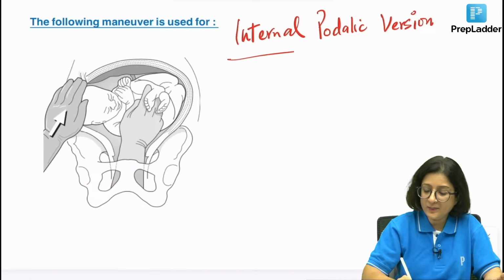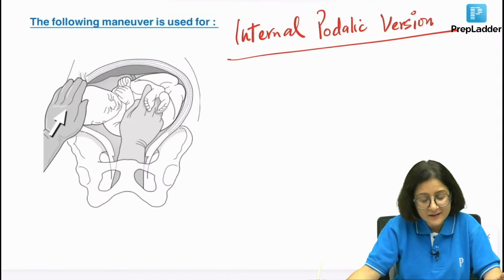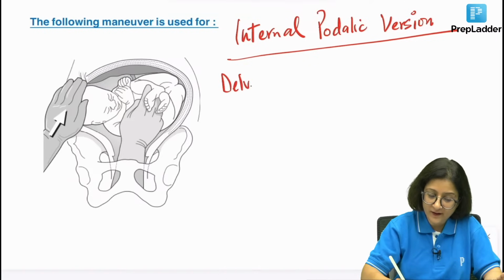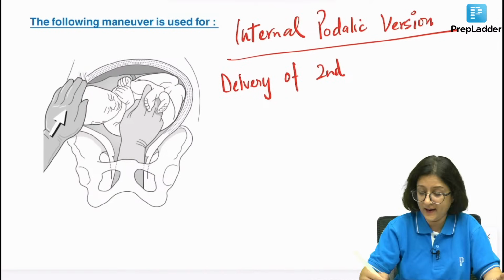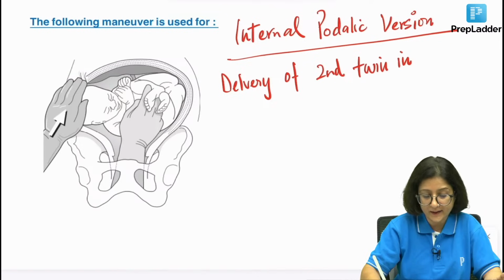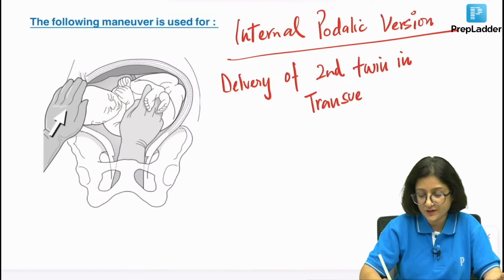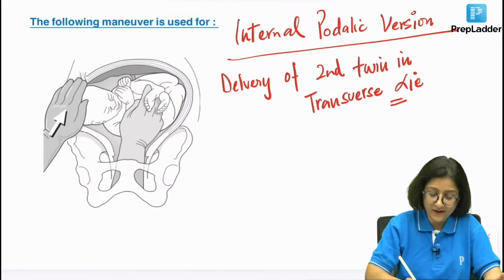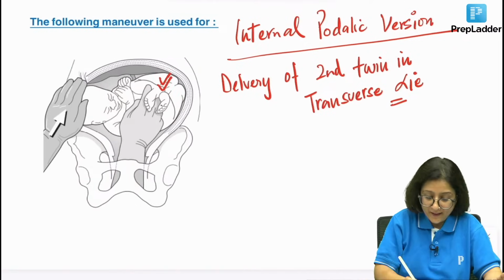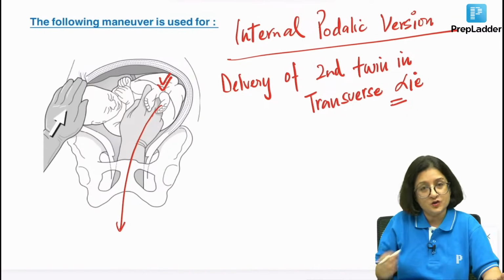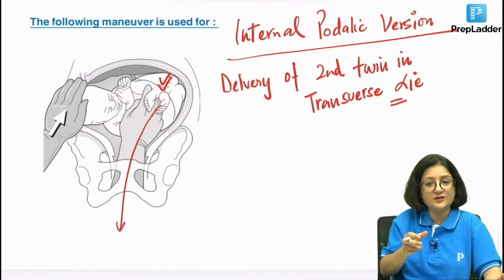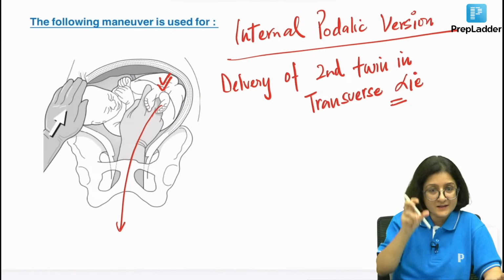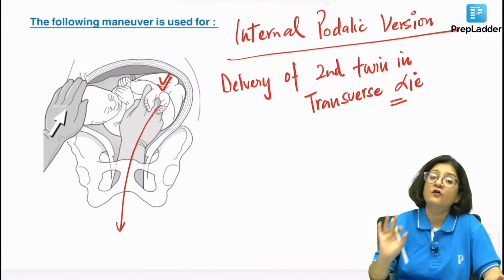The only place in entire obstetrics where this is practiced is delivery of second twin, not even the first twin, delivery of second twin in transverse lie. That is the only place where this is done. So the feet are grasped, and then we bring down the feet and deliver the rest of the baby as breech. That is what is done in internal podalic version.